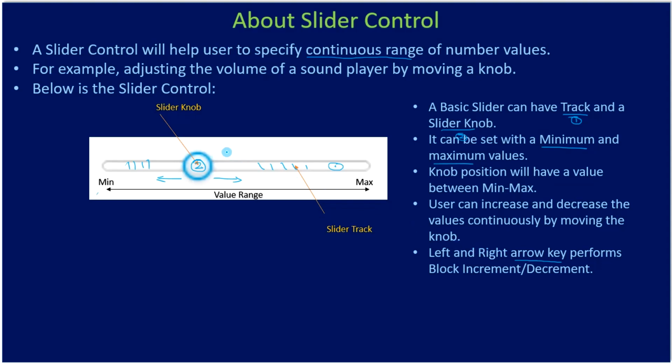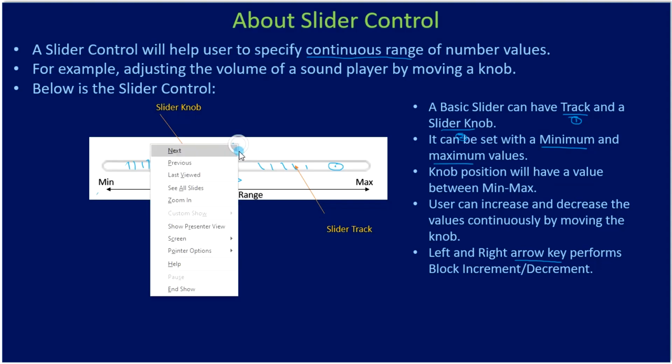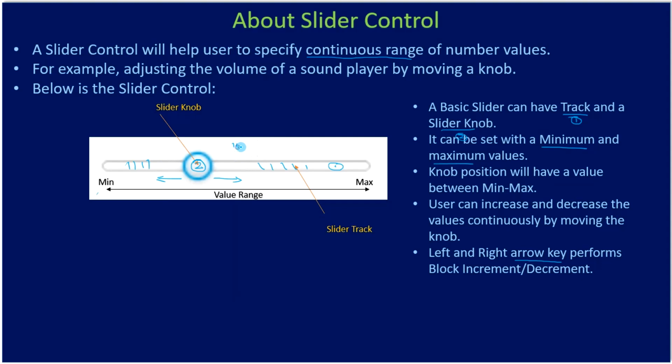So it depends on the block increment. Say for example, if a block increment is 10, when you use the keyboard key, the value will get incremented or decremented in steps. So we call that a block increment or block decrement.